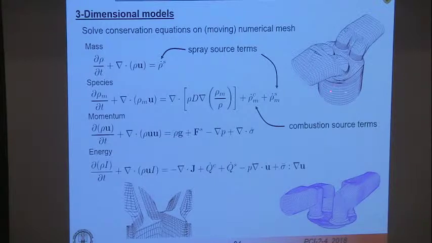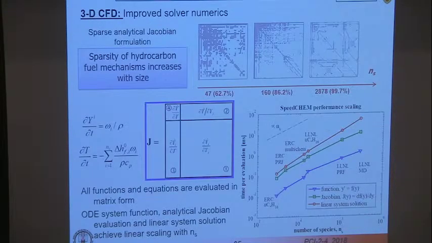If we're going to do that for every computational cell in the computational domain, we're adding a tremendous amount of computing, right? Because even in one cell, if you have lots of species, there's a lot of time devoted to solving the chemistry. And now we've got many computational cells, so that's a concern.